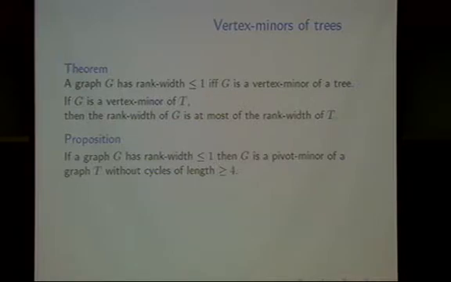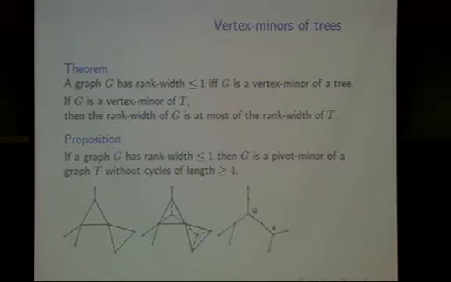Imagine such a graph T, where every base is a triangle, and two triangles have at most one common vertex. If you add a vertex on each base, add edges from the new vertices to the vertices of the triangles, and delete the triangle edges, then you get some tree.